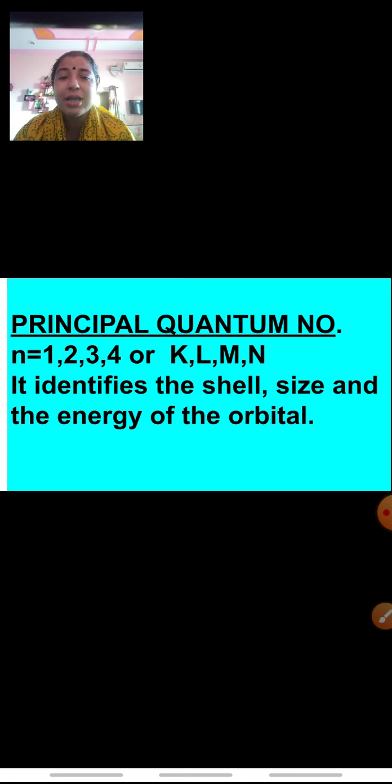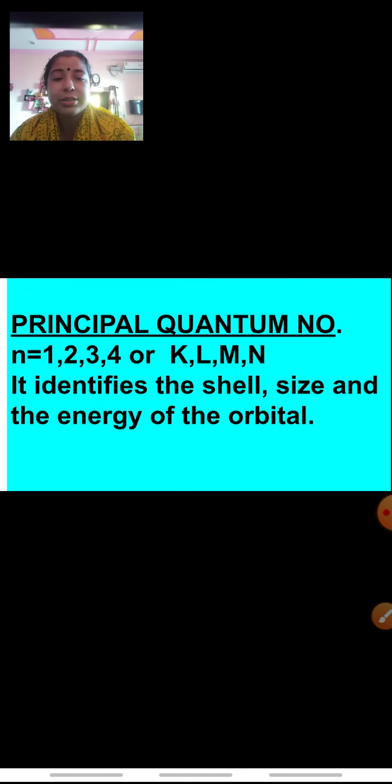Actually, the principal quantum number will tell you about the shell, the size and energy of the orbital. Now, 1 corresponds to K shell, 2 corresponds to L shell, 3 corresponds to M shell, and 4 corresponds to N shell.